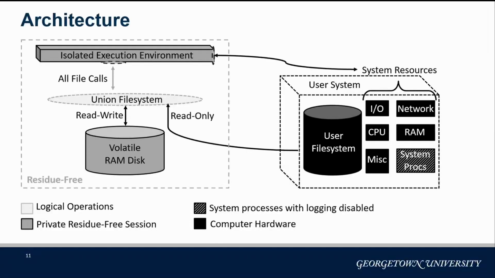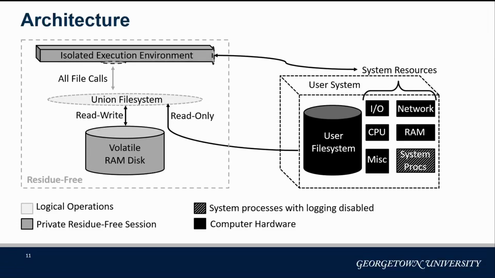The final and most challenging component is providing the execution environment sufficient access to the user system resources, such as drivers, input or output, keyring, the user system configurations, and inter-process communication, while minimizing the risk that these resources store information about what occurs inside residue-free.